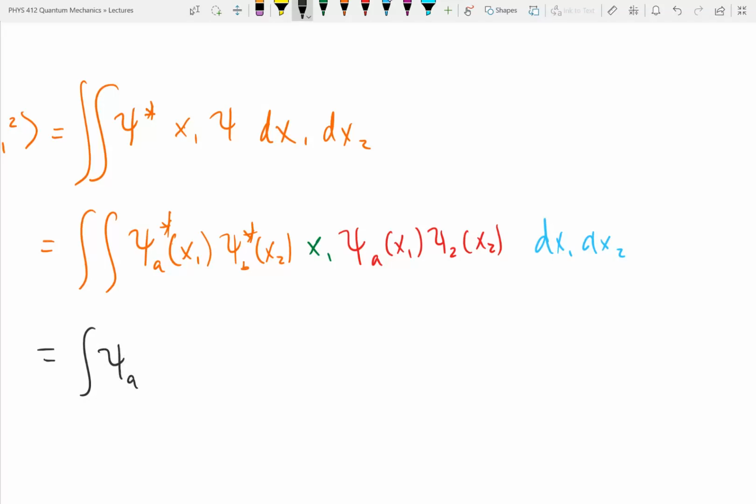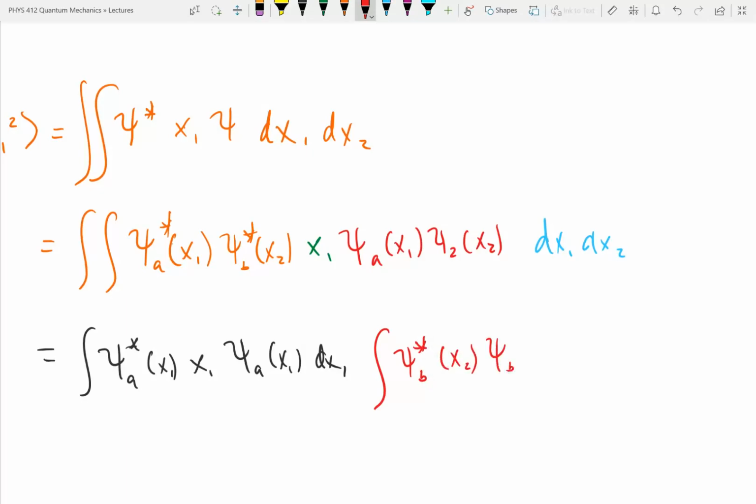First, I'll put the x1 material and then I will put the x2 material, because x1 and x2 don't interact. There's no relation between them. Well, which one of these can you do easily? The better one is just one.